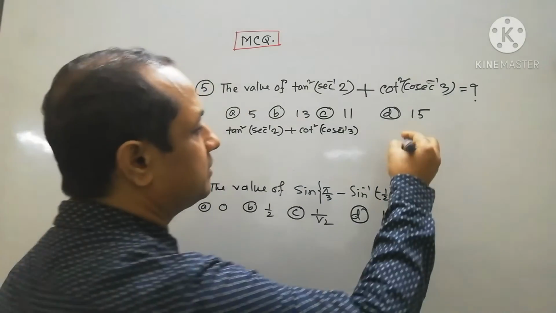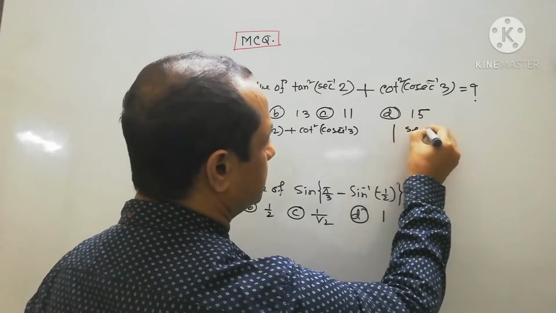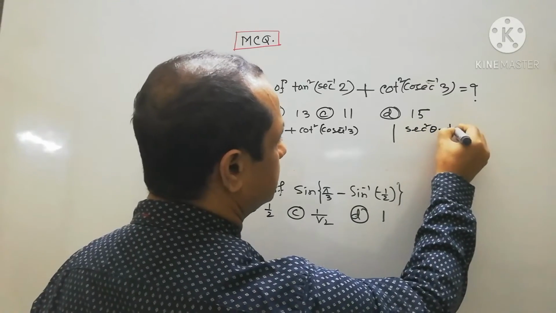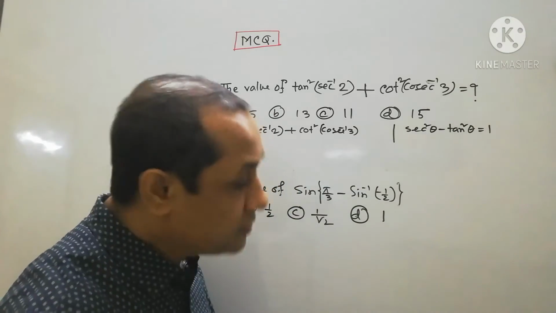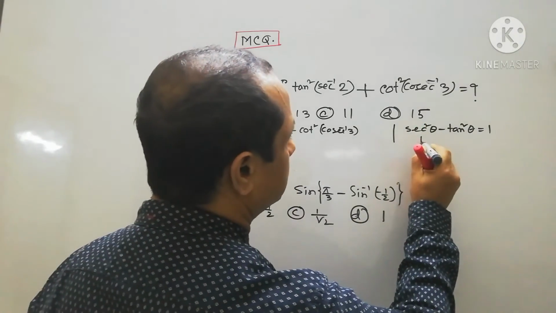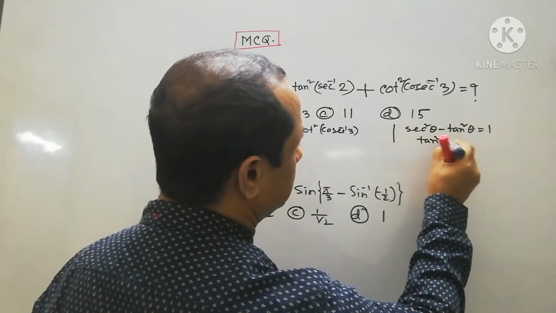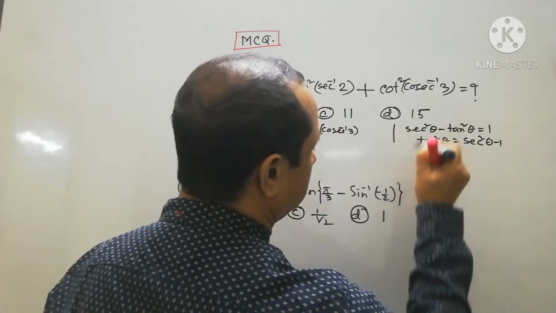You have learned the main formula, sec square theta minus tan square theta equals 1. Now using the formula, tan square theta equals sec square theta minus 1.